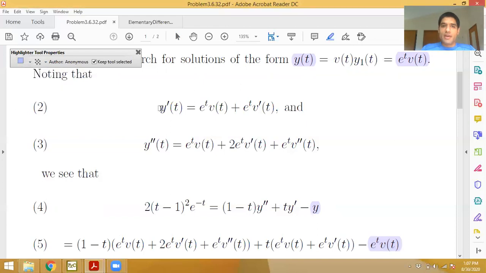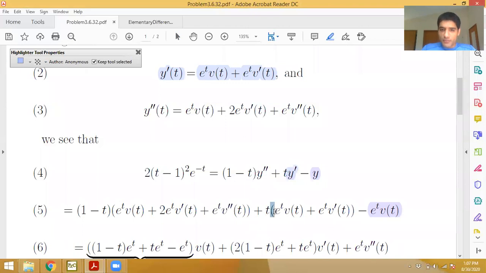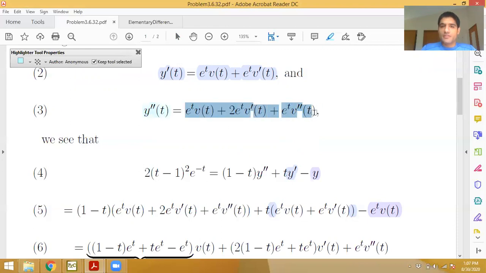Then we also have our y'(t) equal to all of this, which I will plug into here to give me everything in between these two parentheses. And lastly, y''(t) is equal to all of this. So I will plug that in here to give me everything in between these two parentheses.